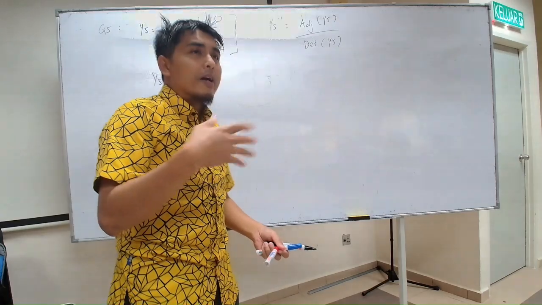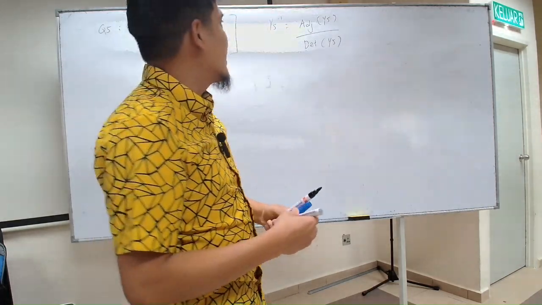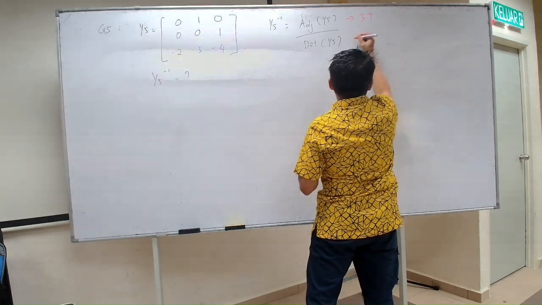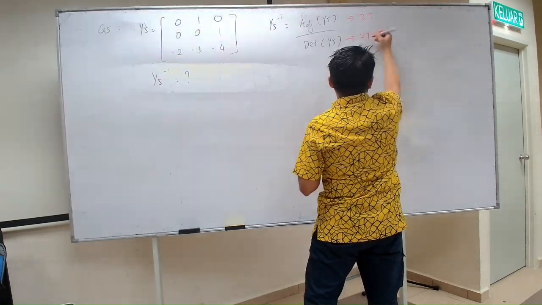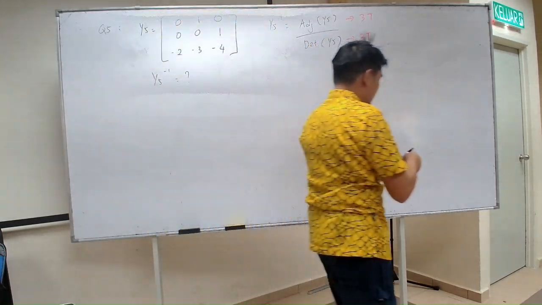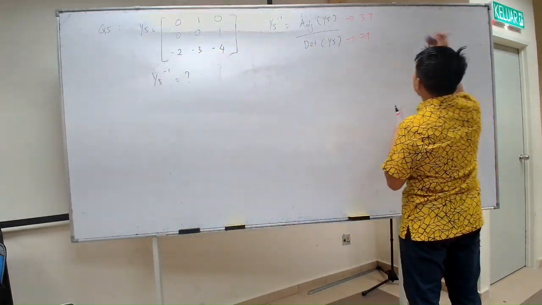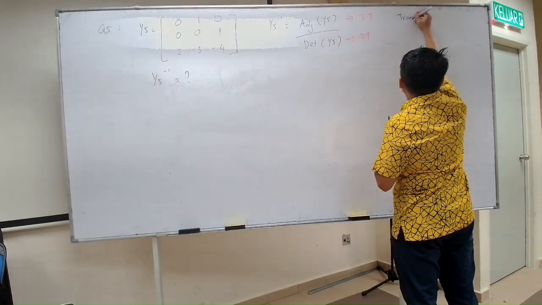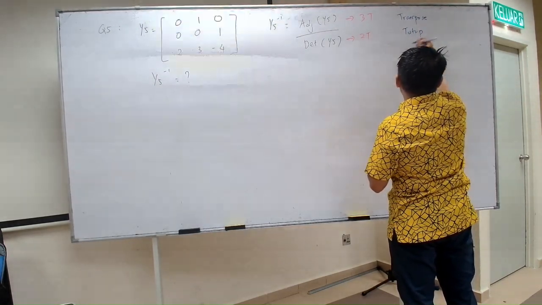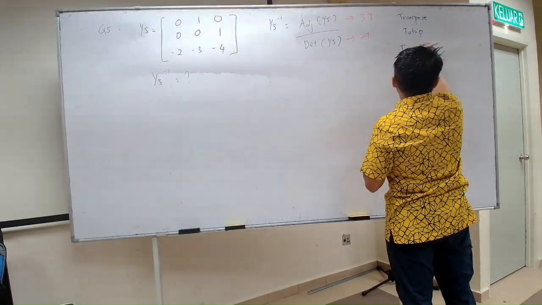Do you still remember the technique to find the adjoint? Yes, 3T. This one? 2T. What is the first T for the 3T? Transpose. And then tutup. And then tanda.